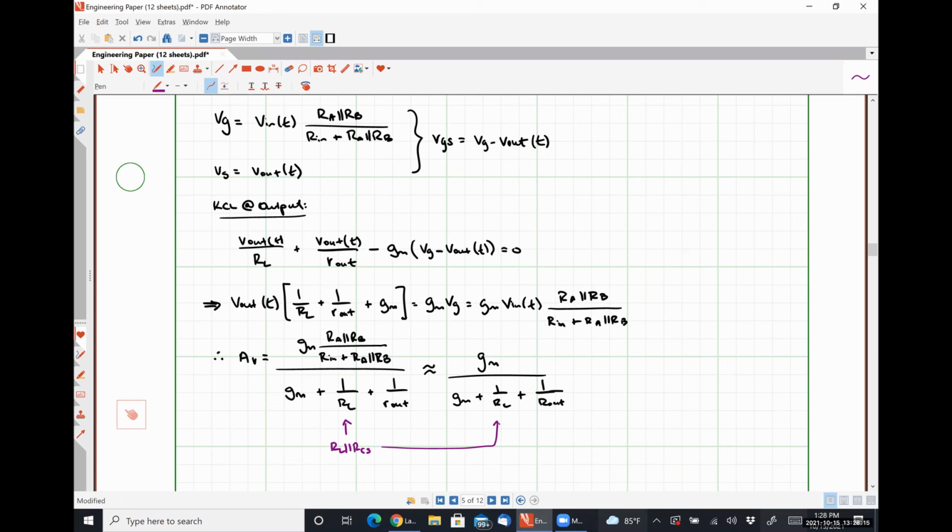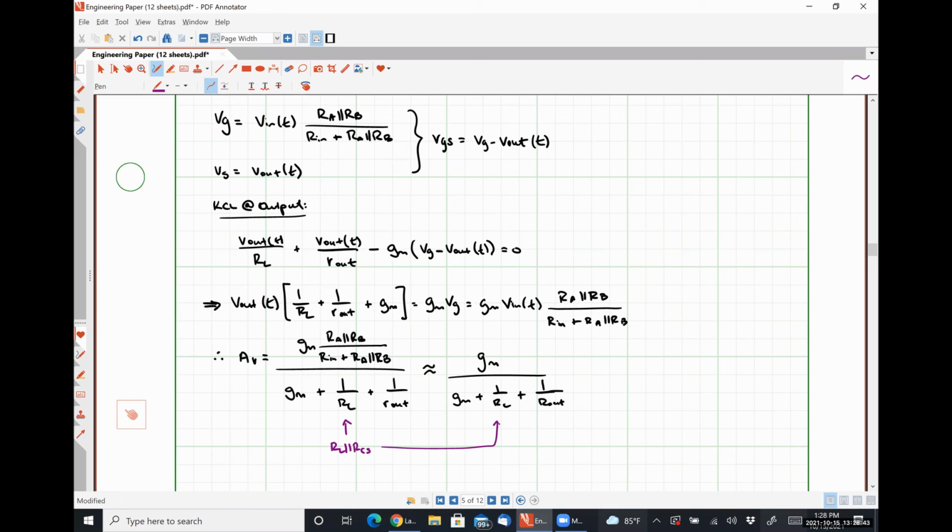This gain, pretty obvious, is always going to be positive, but it's also always going to be less than 1, right? Because GM by itself will inherently be smaller than GM plus other things, okay? So how do we make this gain as close to 1 as possible?